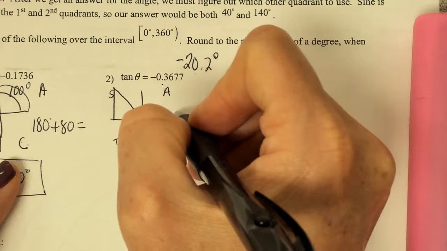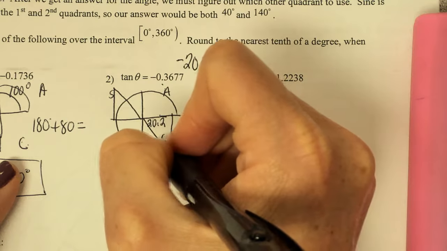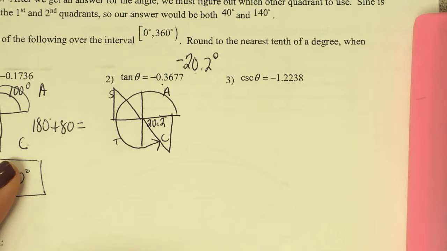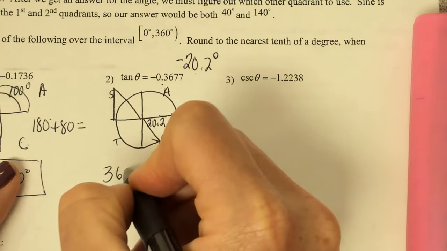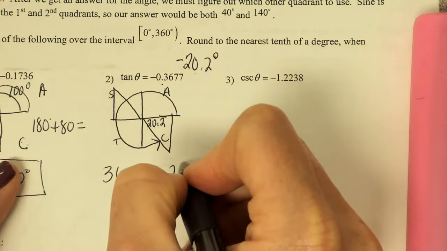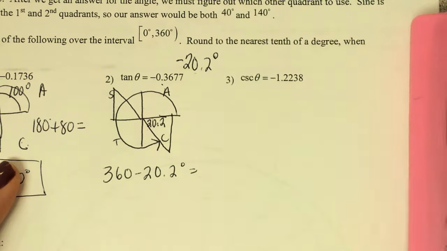So how would I find the angle that starts here and goes around to there? Ashlyn? Good. So I would have to do 360 minus 20.2, and that's going to give me that answer for that angle.